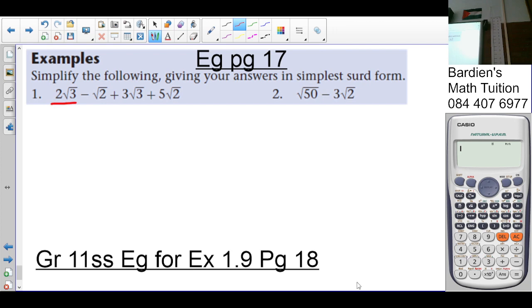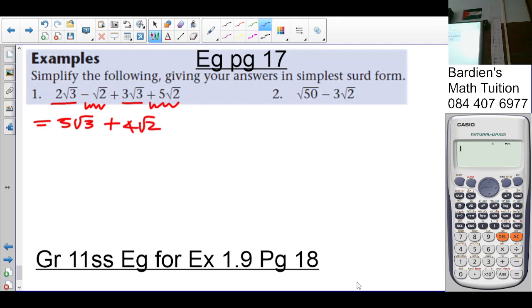So 2 root 3 is the same as 3 root 3, and negative root 2 plus 5 root 2 are again like terms. So 2 root 3 plus 3 root 3 is going to give us 5 root 3, and negative root 2 plus 5 root 2 is going to give you positive 4 root 2. As you can see, they are unlike, so I'm not going to add them there.